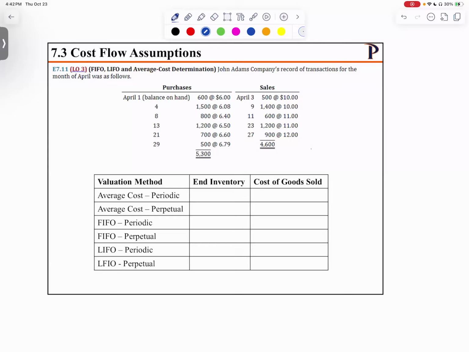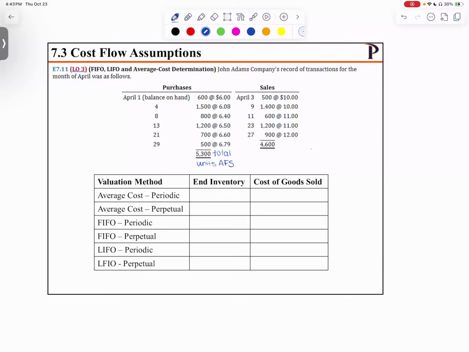It just makes setting up problems a lot easier. If we look over here, we have our purchases right here. We start with a balance of 600 at the beginning of April, and then we make 5 sets of purchases during the period. This 5,300 represents our total units available for sale during the period. AFS stands for available for sale.